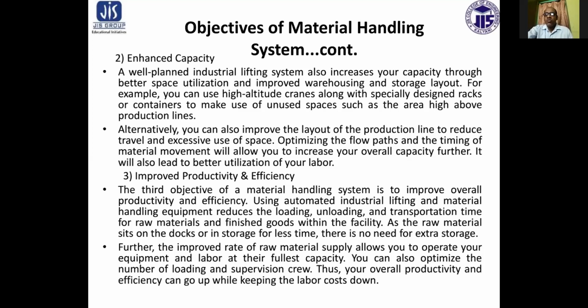For example, one can use high altitude cranes along with specially designed racks or containers to make use of unused space such as the area high above the production lines. Alternatively, one can also improve the layout of the production line to reduce travel and excessive use of space.